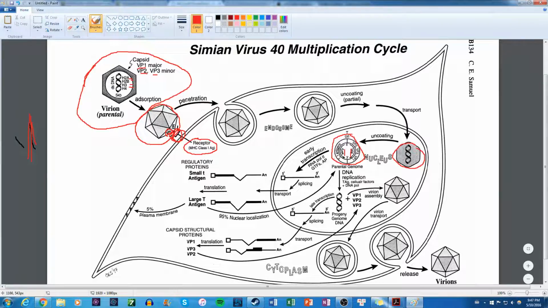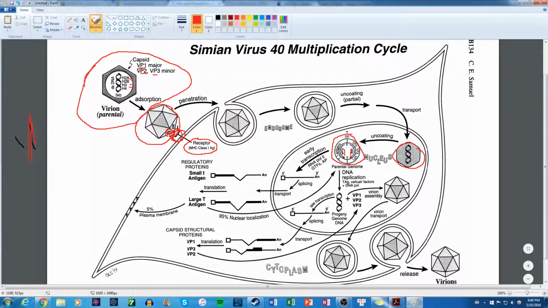Obviously, SV40 is not going to let the cell make cell proteins. It's going to trick the cell into making viral proteins and DNA. So these T antigens force the cell to start growing, start dividing, start making DNA, start making viral DNA, viral proteins, or specific viral DNA.